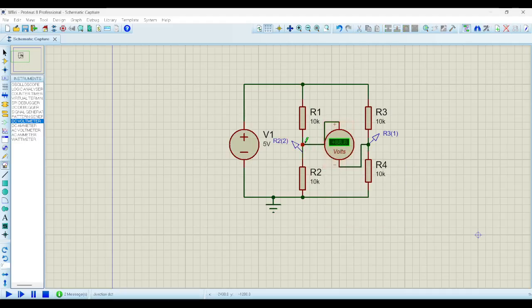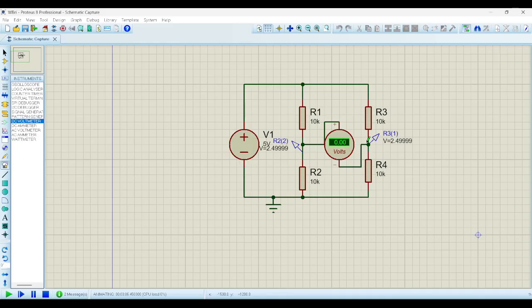Perfect. So now this voltmeter will give me the difference voltage between this node minus this node, right? Here I have the positive minus the negative. It will give me the difference. Right now I have the same voltages in those branches, so I am expecting to get 0 volts there. And I get 0 volts, right? 2.5 minus 2.5, it's 0 volts.